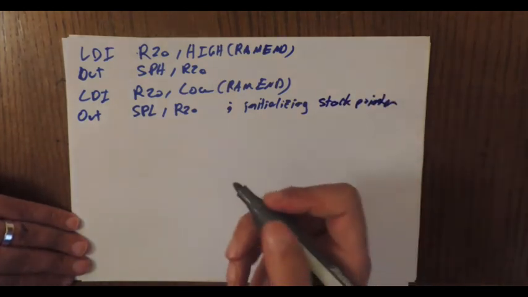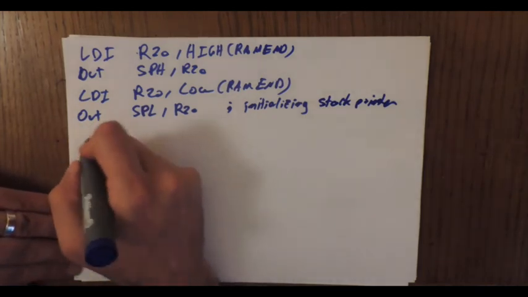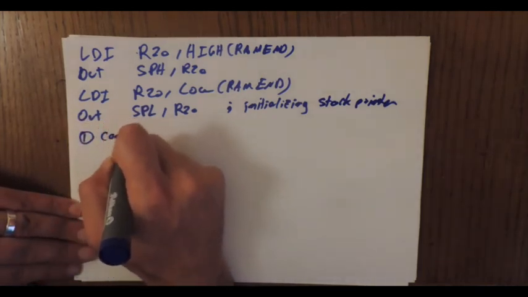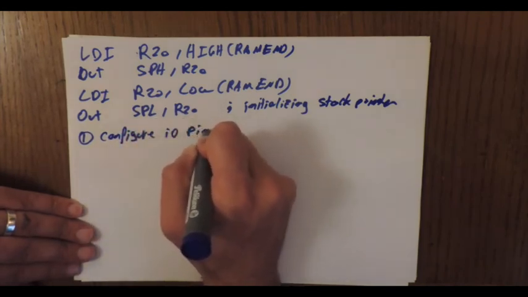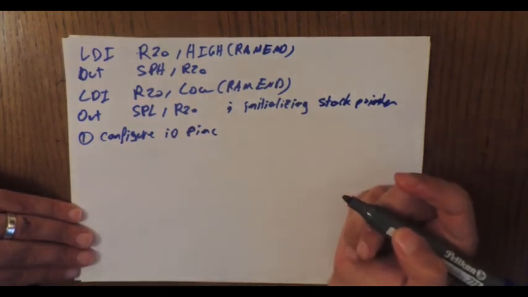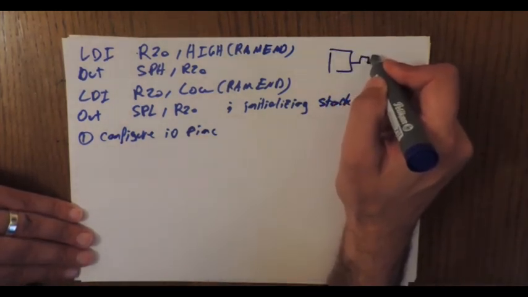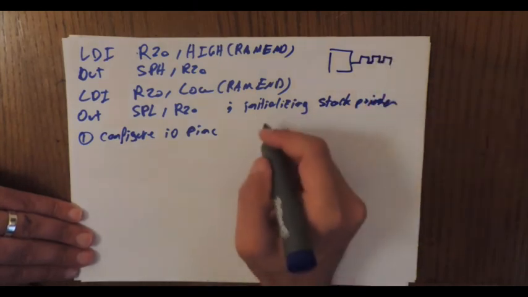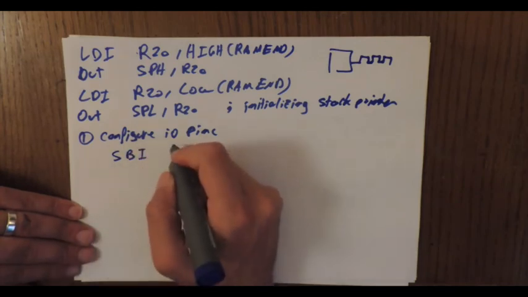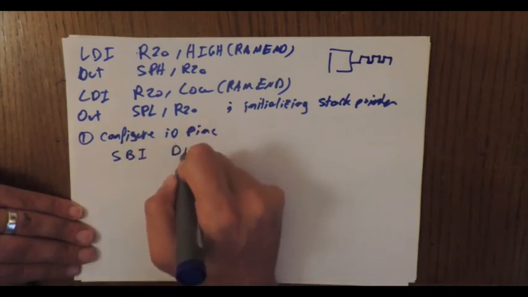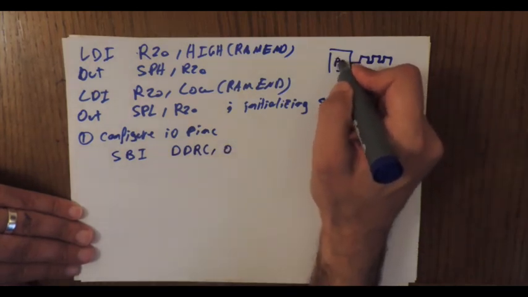Now, first of all, I need to configure my I/O pins. I have just a single output pin, because what I'm trying to do is generate a square wave. So first of all, I will do SBI DDRC, 0, because we're working on PC0.